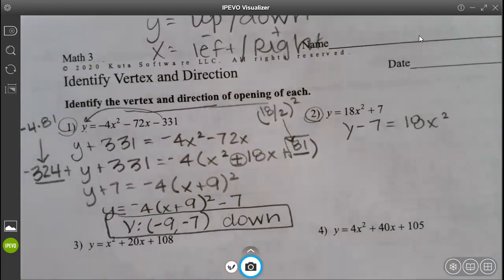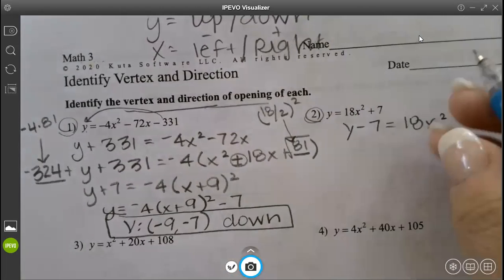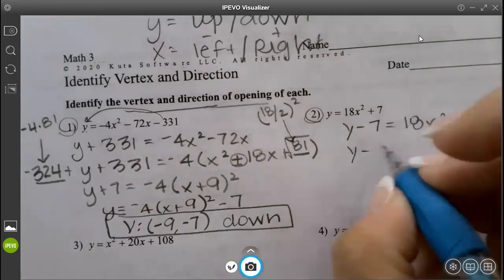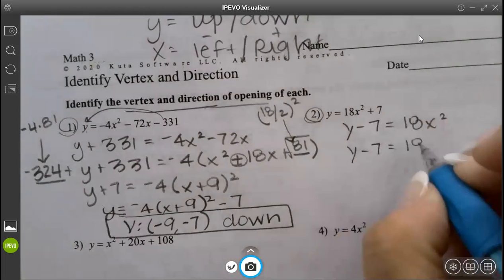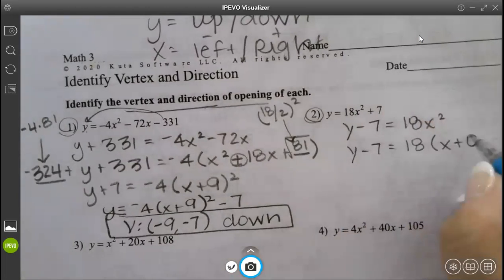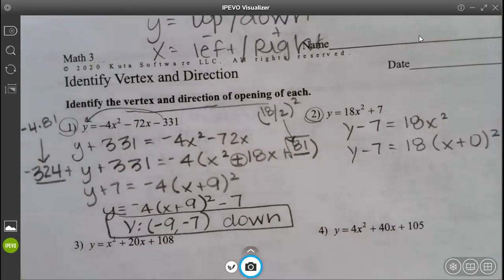Now, really, you don't have to do anything, okay? So here, I don't have another x term, so I don't have to complete the square. But if we were writing it like normal, we would take out the 18 and make this like x plus 0 squared.